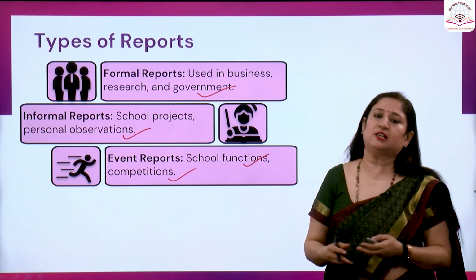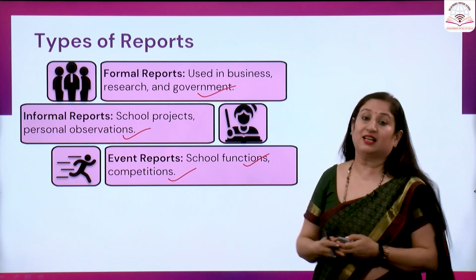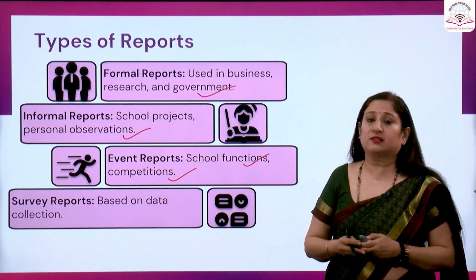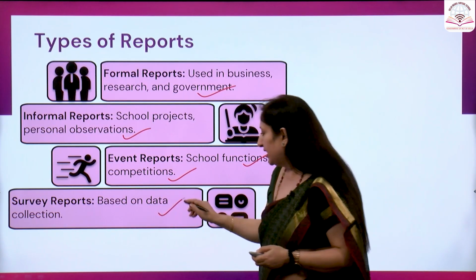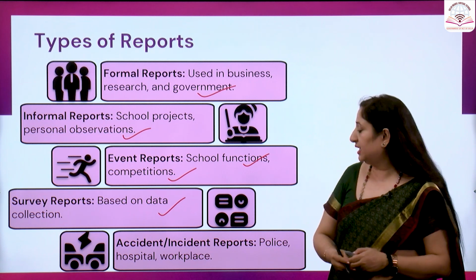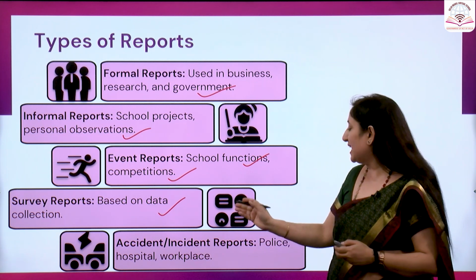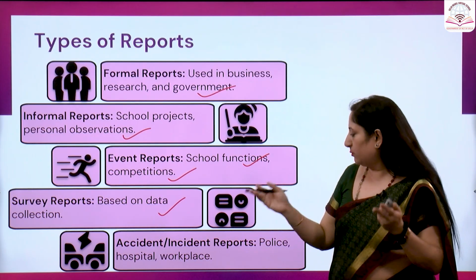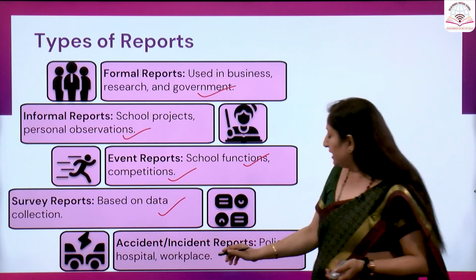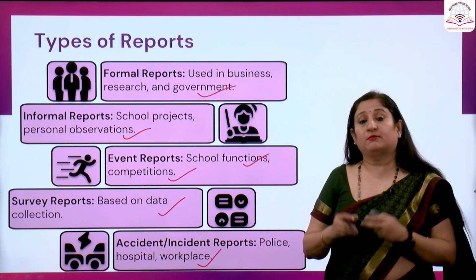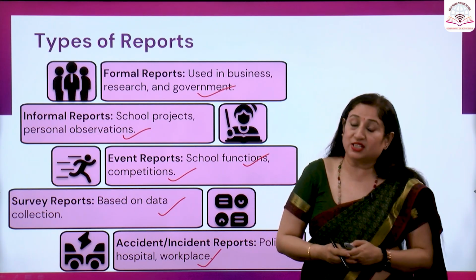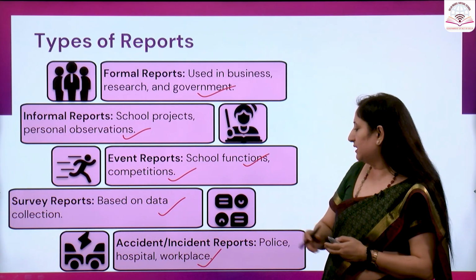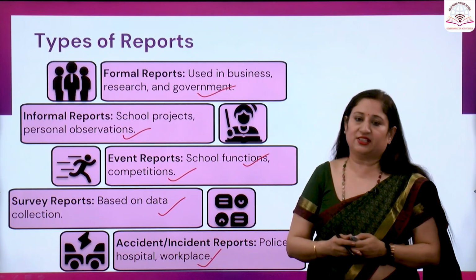Also survey reports, which are based on data collection. And last but not the least, accident or incident reports, which are covered for hospital, police and workplaces. When some theft or burglary happens in an area and that event is reported, that becomes an accident or incident report.